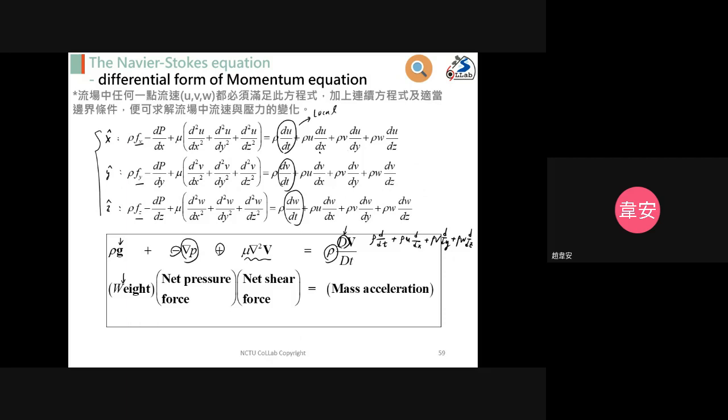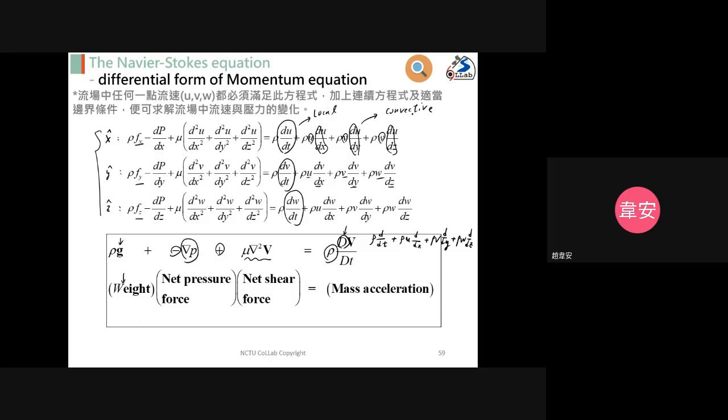And this part is always u ∂/∂x, v ∂/∂y, w ∂/∂z, so we call that the convective acceleration. So this is similar to our previous slide, where we told you the Euler equations.